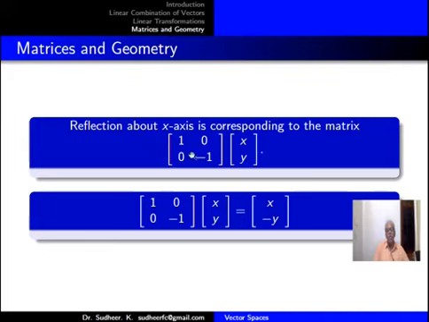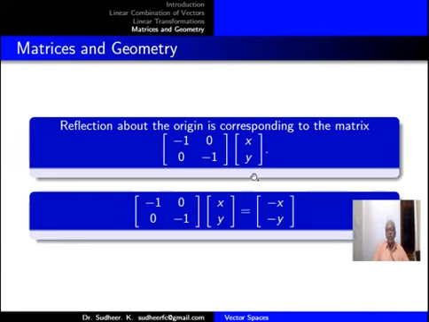So let us see, reflection about the x-axis means points on the upper side of the x-axis will be moved to points on the lower side of the x-axis. So a point (x, y) will be converted to the point (x, -y). Okay.